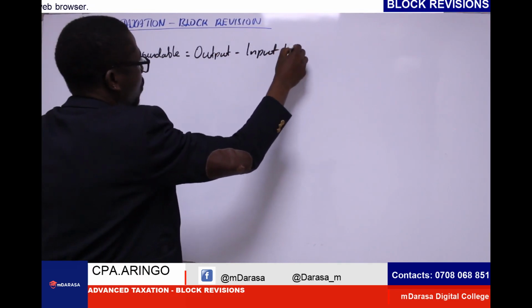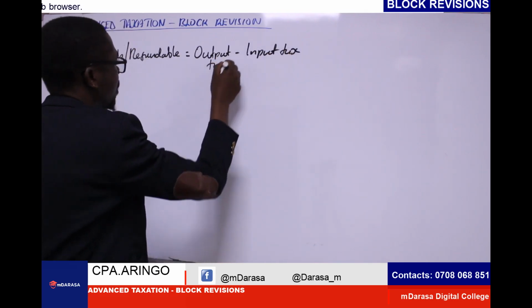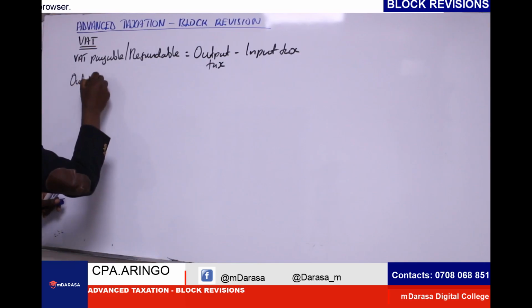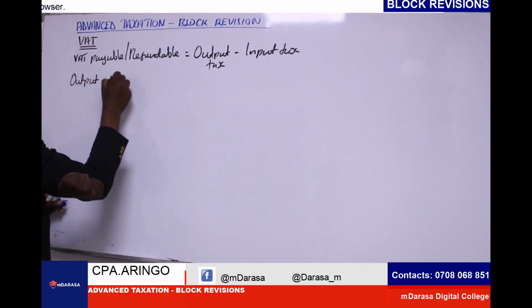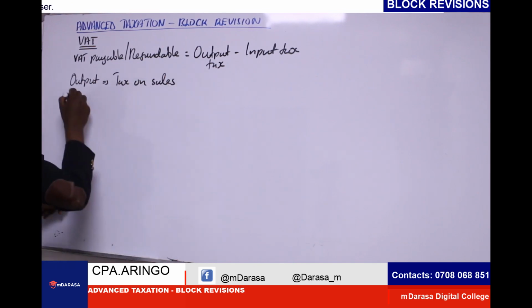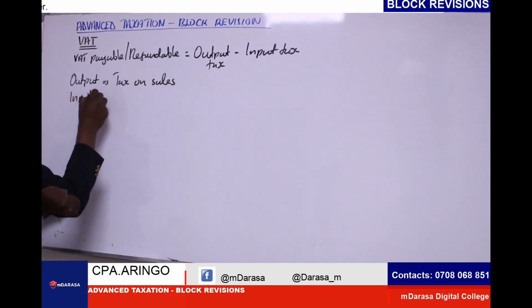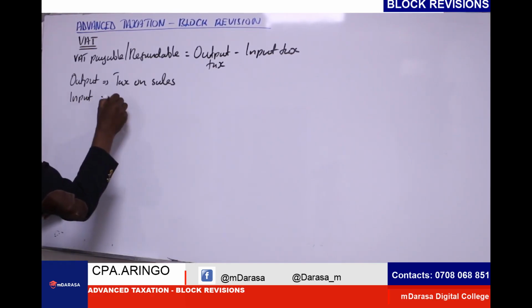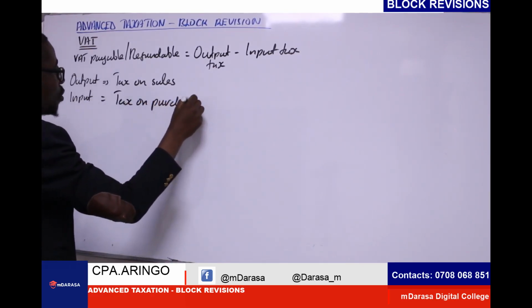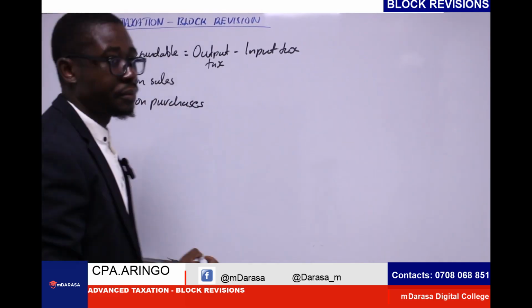Output tax is always about tax on sales, whereas our input tax is always about tax on purchases. All this we are familiar with.